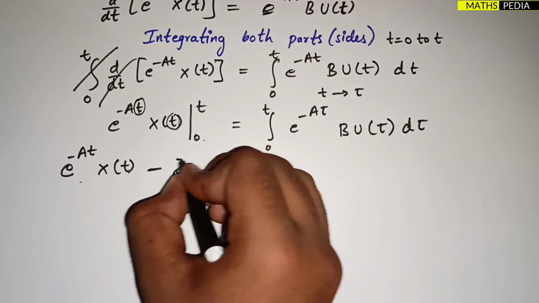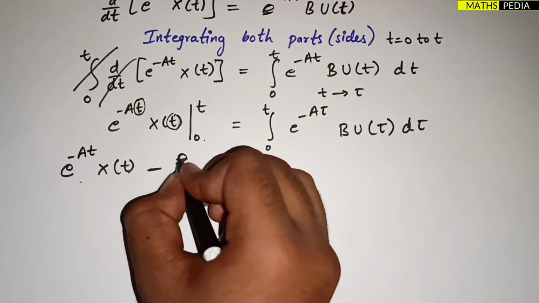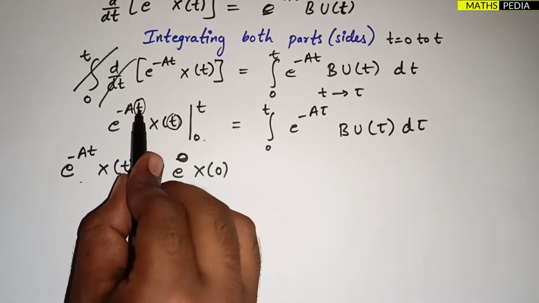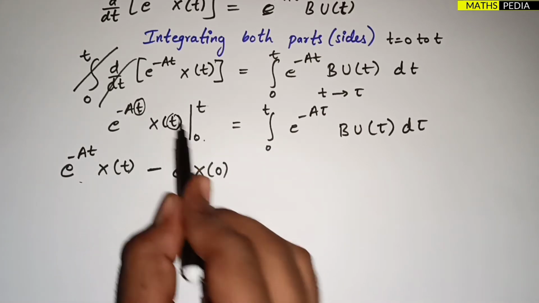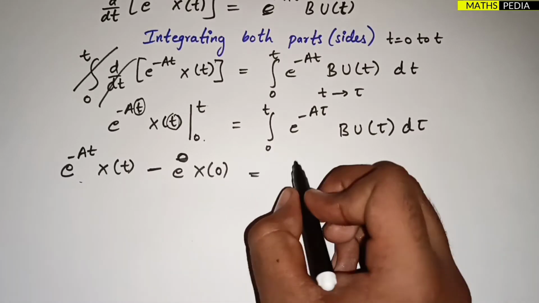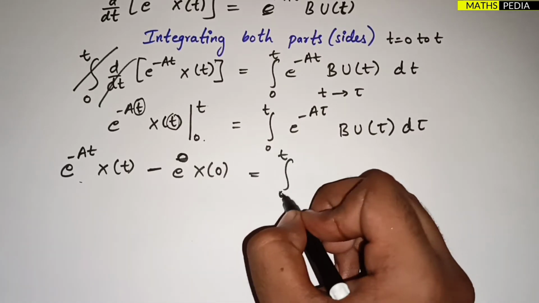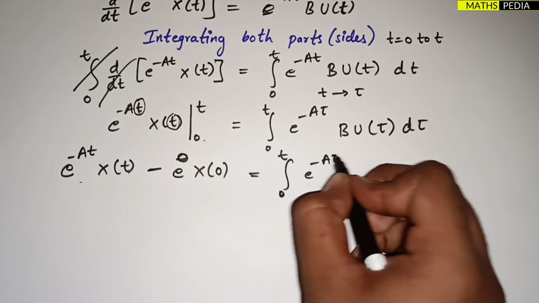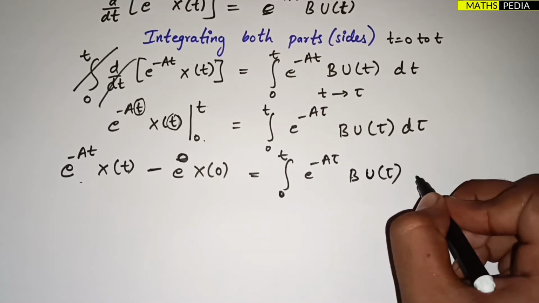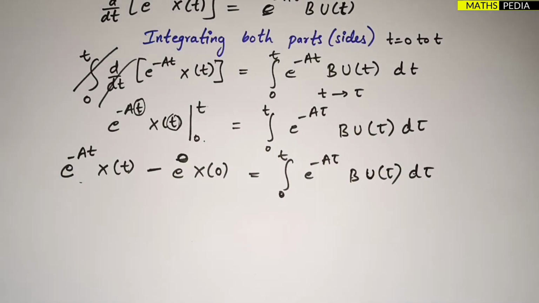So e power minus a times 0 gives directly 0 into x of 0. See here, t is here, here and here, so you have to put 0 over there. Equal to 0 to t, it remains the same, e power minus a tau b into u of tau d tau.